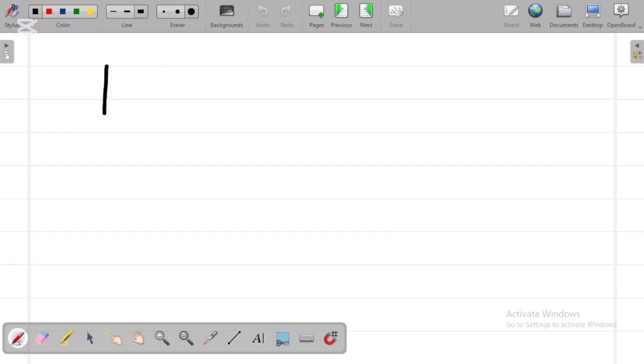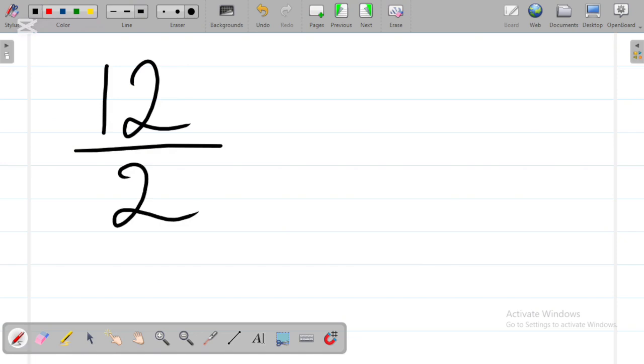Let's say we have 12. When you say 12 is divisible by 2, if you divide 12 by 2, it will give you 6. That means 2 will divide 12 and it would give you a whole number without a remainder.